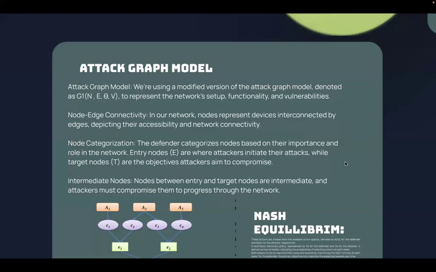Nodes can also be mobile, meaning they can be removed from the network due to various reasons like hardware failure or security concerns. Both the defender and attackers can see these changes in node mobility and they can update their strategies accordingly. You can also see the graph at the bottom of the page where A1, A2, A3 represent the nodes and the blue lines are the edges.